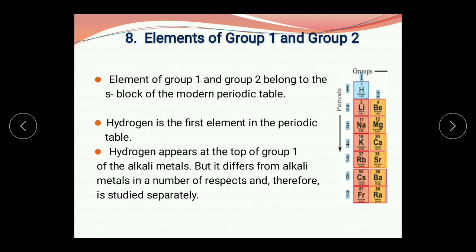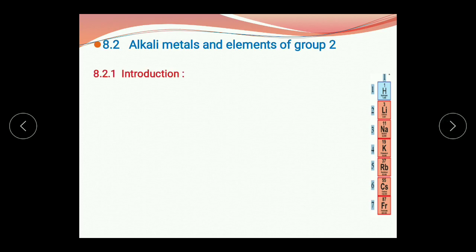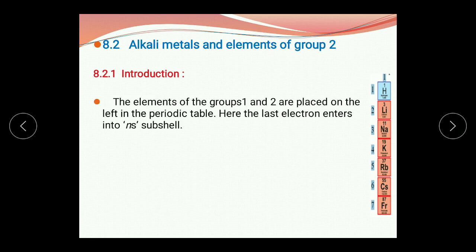Therefore, the study of hydrogen is done separately. And as I told you, the study of hydrogen is deleted for this year. So, hydrogen actually, according to its electronic configuration, which is 1s1, should be there in the alkali metals as per the rule. But the properties, if we see, those are different.